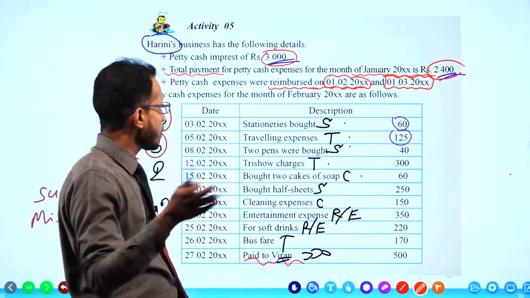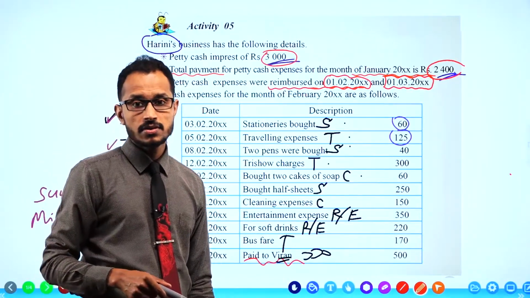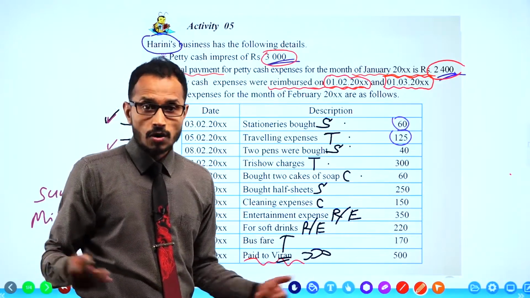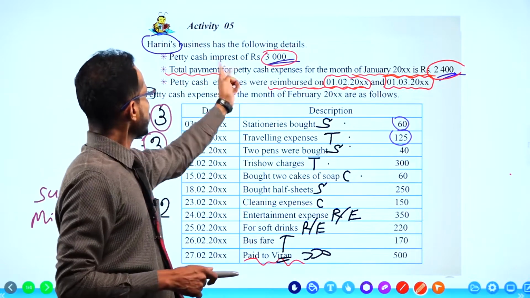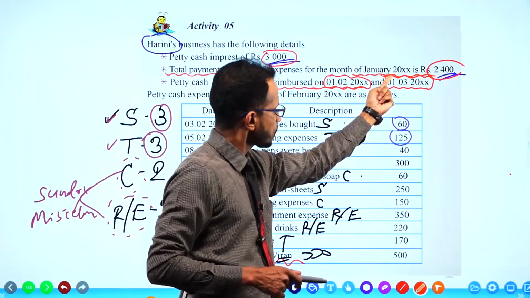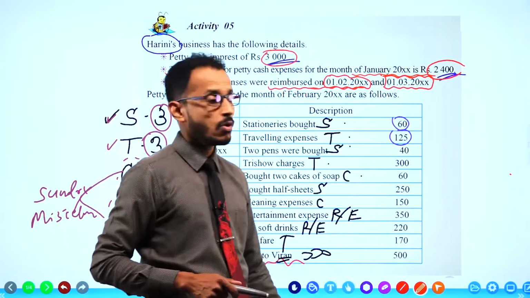You're going to misrecord. You're going to get it wrong. Total payments for petty cash expenses for the month of January is 2,400.